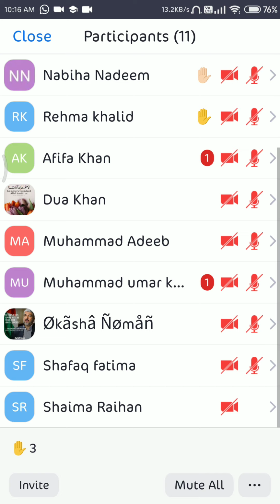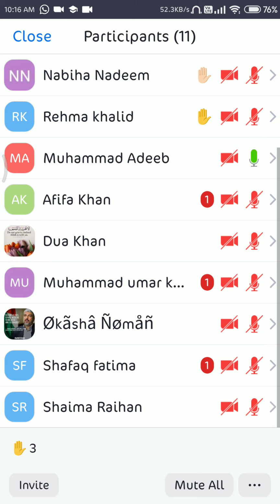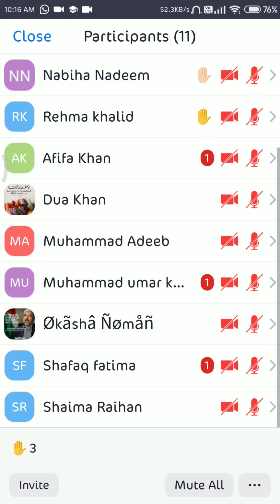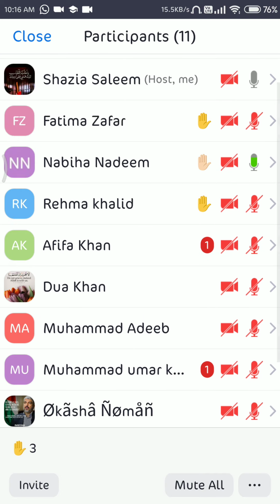Shima, I asked D1 from you. Identify the plant in picture D and explain its mode of reproduction. Okay, Rama.